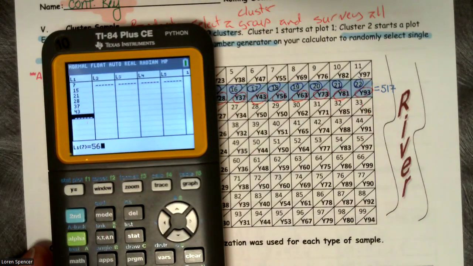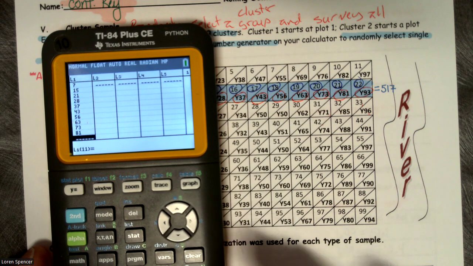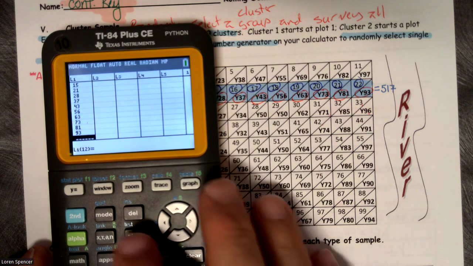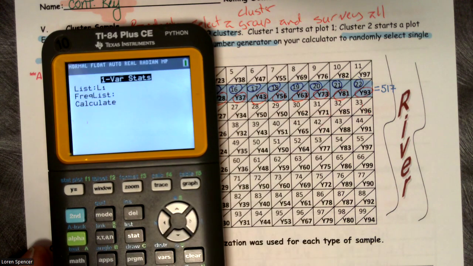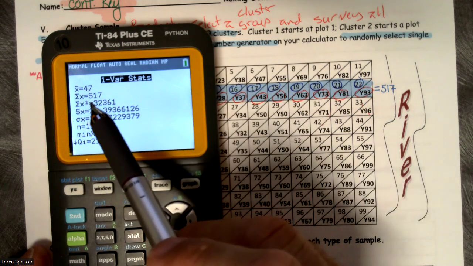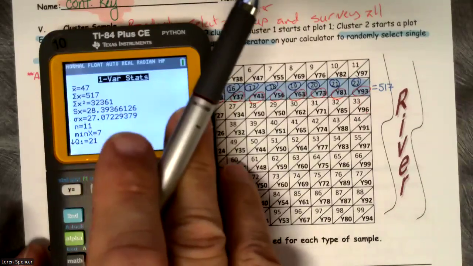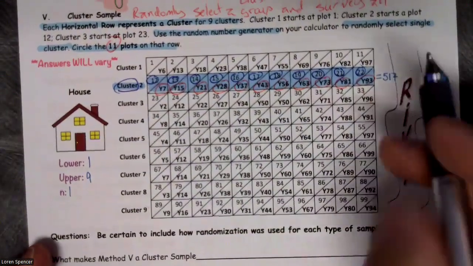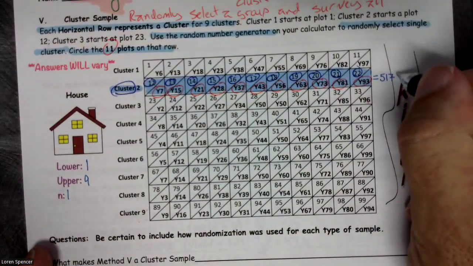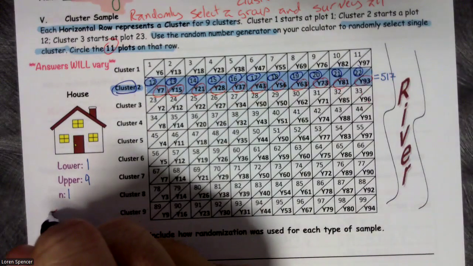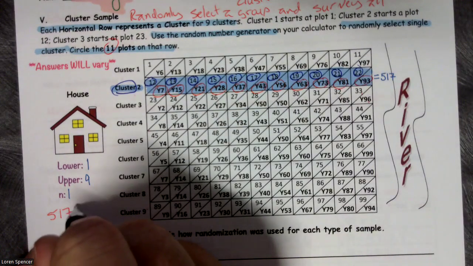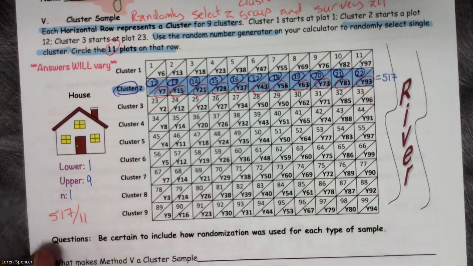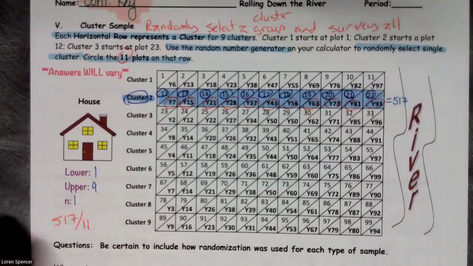Then I have 56, enter, 63, enter, 73, enter, 81, enter, 93, enter. Stat calc, one variable statistics. And I have an average of 47, but a total of 517. So I ended up with 517. I'm going to write that down here, 517, and a group size of 11.